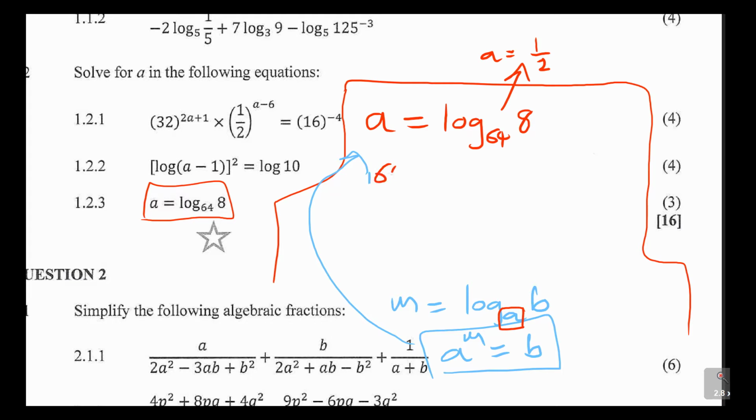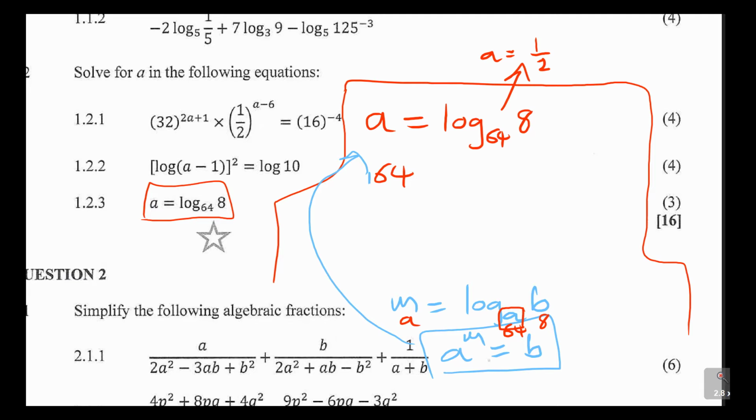So I'll have 64. Are you getting that? It's just that I match the A and the A there. In here I have 64, in here I've got 8, and in here I've got A.